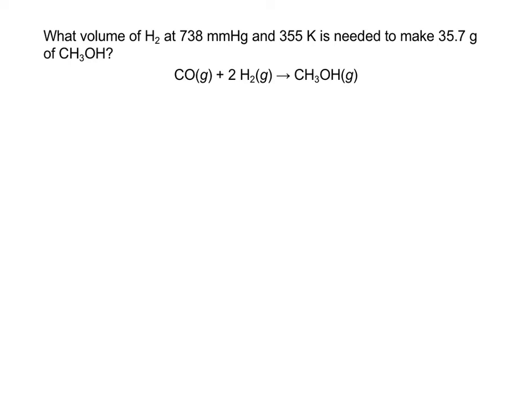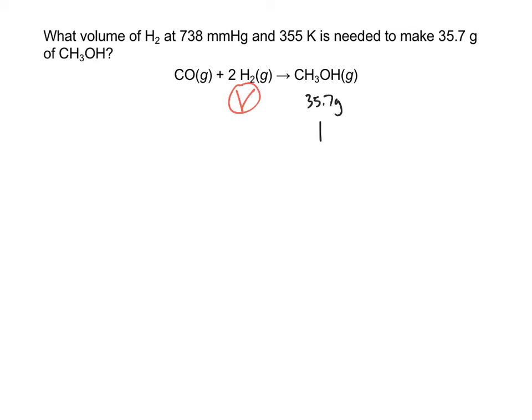I'm looking for the volume of H2, so let's make that red. This is where I'm trying to get to. And I'm given 35.7 grams of methanol. Without even knowing anything, I'm doing stoichiometry. They gave me the amount of one thing, they wanted the amount of something else. I've got to go through moles.